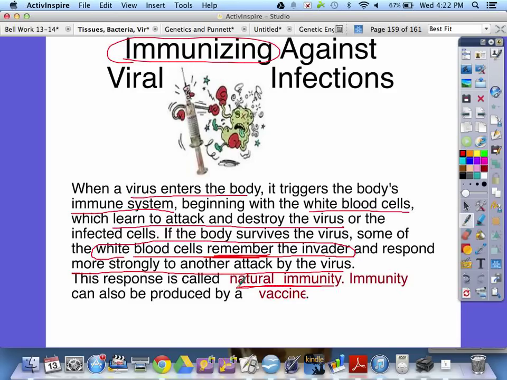Now, we can also have a vaccine. Remember, a vaccine is where you have the dead or damaged particles. These aren't dead viruses because viruses are not living, but they are damaged.